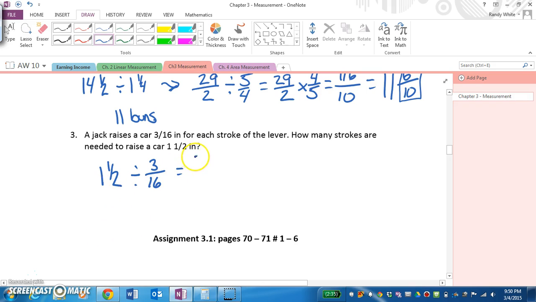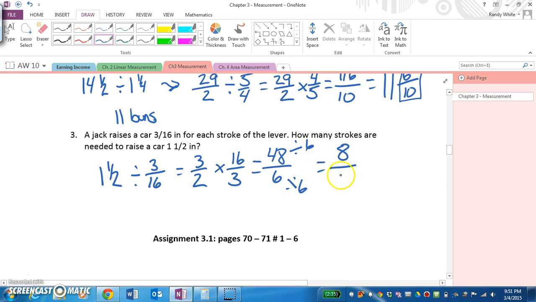So I'm going to change that to an improper fraction, 3/2, times, convert the second fraction, so 16 over 3. 16 times 3 is 48, over 6. So I can divide both of those by 6. So 48 divided by 6 is 8. 6 divided by 6 is 1. So 8 strokes.